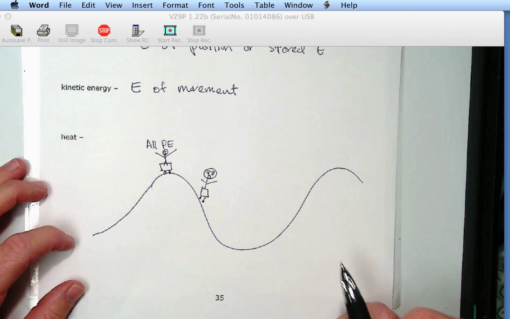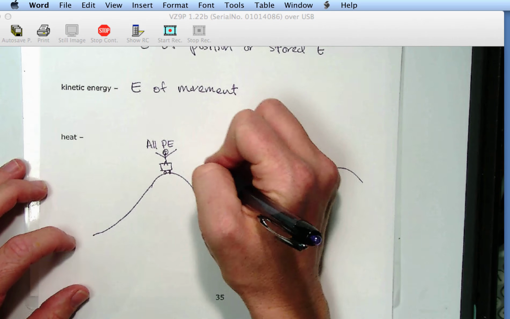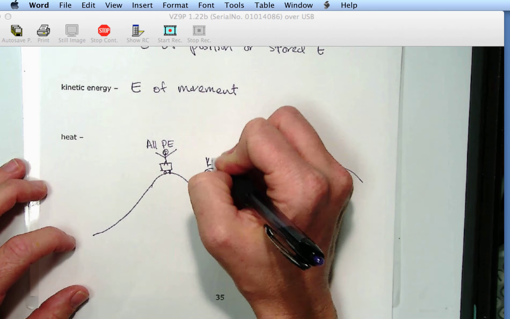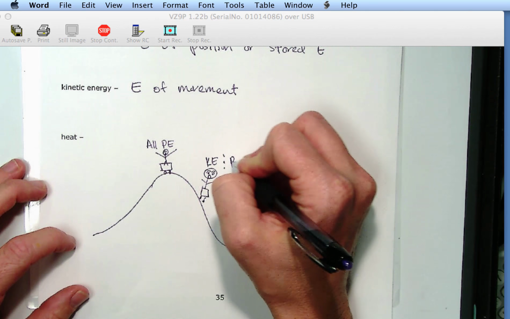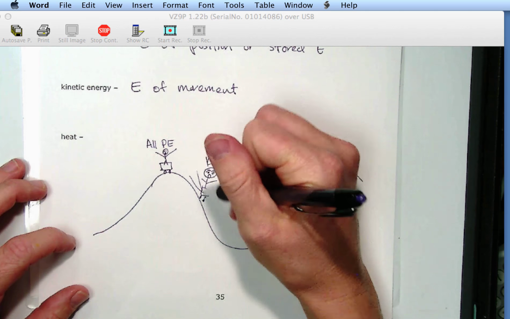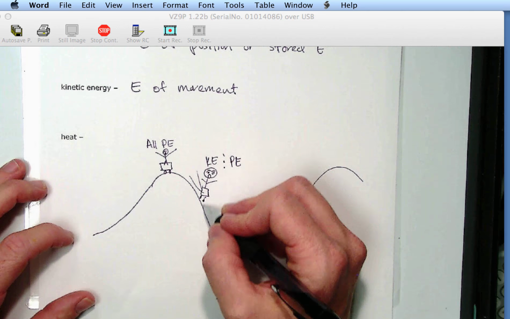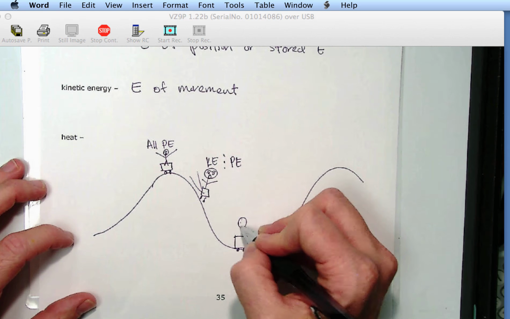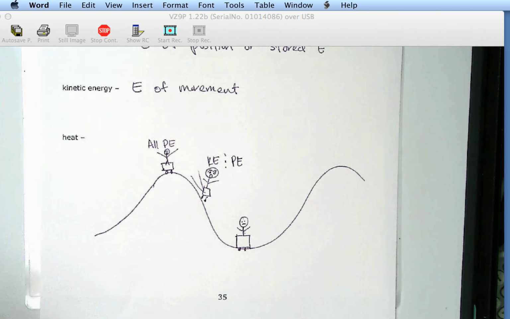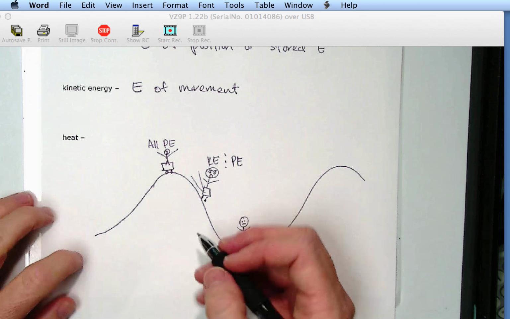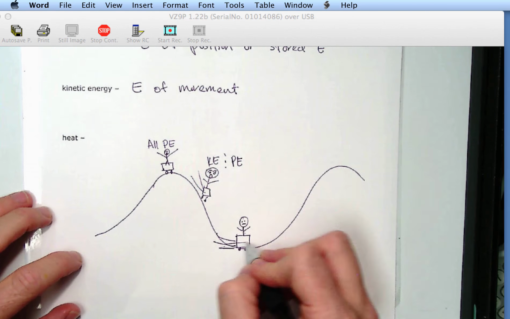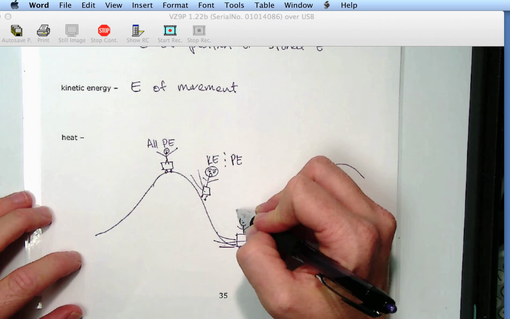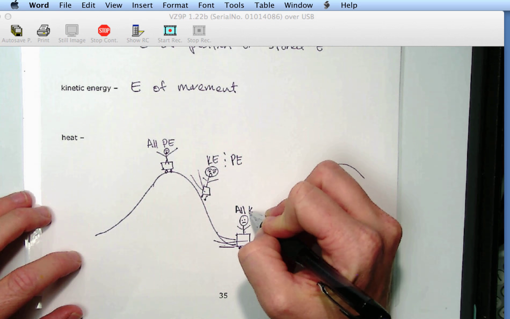Definitely, I agree. So you have kinetic energy here, and you have potential energy. So you're moving. Then when you get to the bottom of this hill, you're still moving, and so this is all kinetic energy.